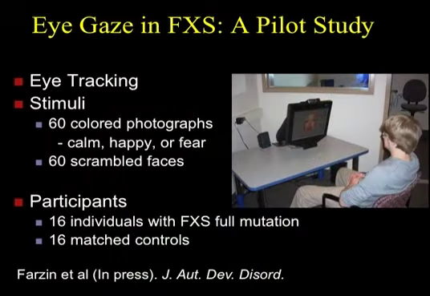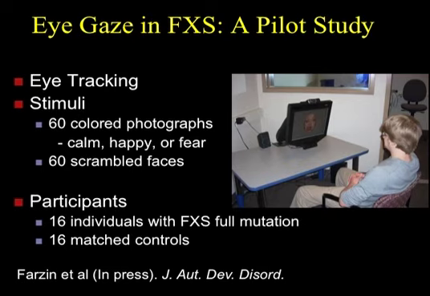She and I developed a protocol to address this by using an infrared eye tracker in the lab. And this is a device that can determine where you're looking, either on a computer screen, or there's even another version of it where you can determine where somebody is looking in a natural environment, like in a naturalistic social interaction. But in our case, we just used stimuli shown on a computer screen.